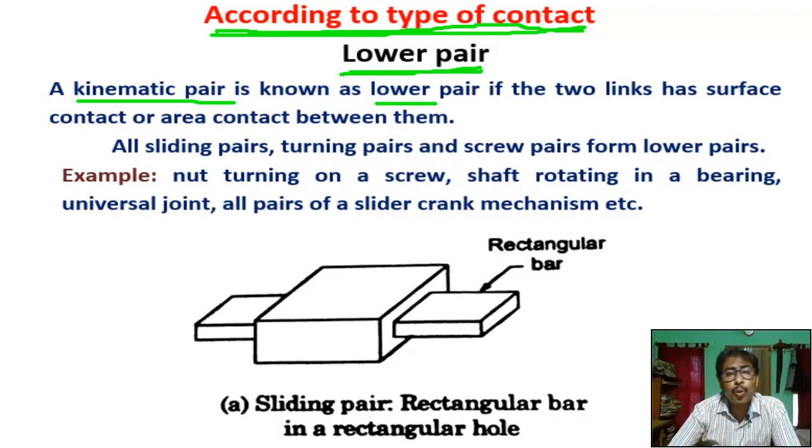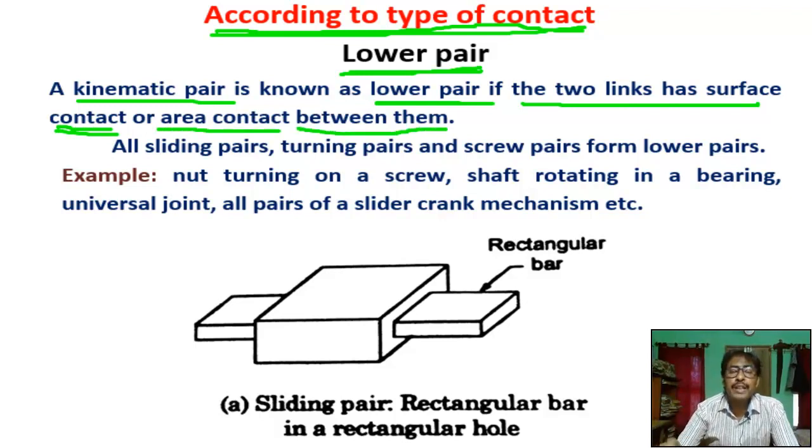A kinematic pair is known as a lower pair if the two links have surface contact or area contact between them. When there is surface contact or area contact between two links and there is relative motion between them, we call it a lower pair.